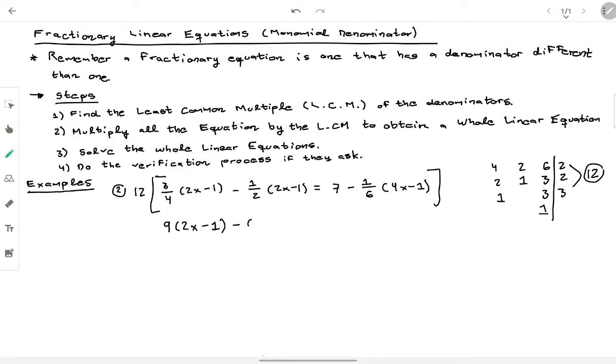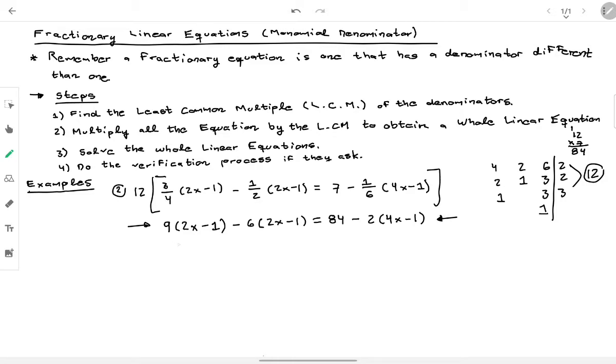So it's going to be minus 6 that multiplies 2x minus 1, equals 12 times 7. It's going to be 84 minus, and it's going to be 12 divided by 6 is 2, multiplied by minus 1, 2 that multiplies 4x minus 1. So now I have a whole linear equation, in this case with parentheses and brackets.